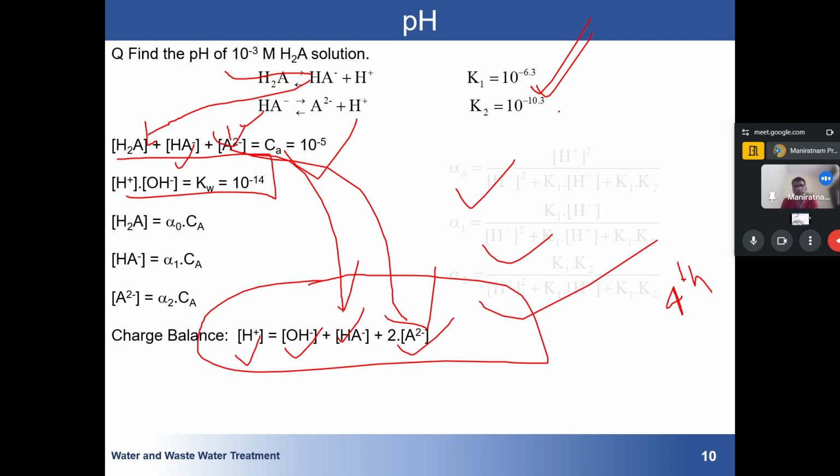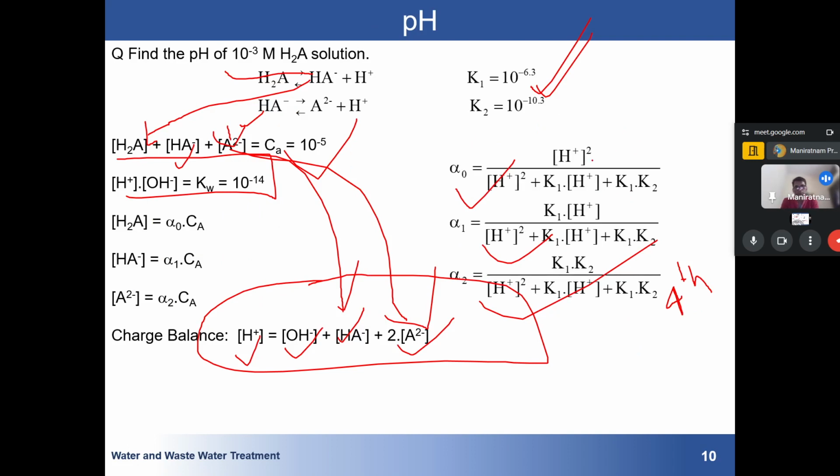You can also check this by putting in values. This should be obvious, because we know that this summation is equal to CA, so when you put the values in, CA will cancel out and you will get alpha naught plus alpha 1 plus alpha 2 equal to 1.